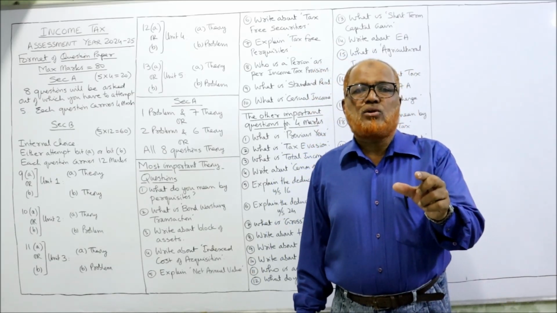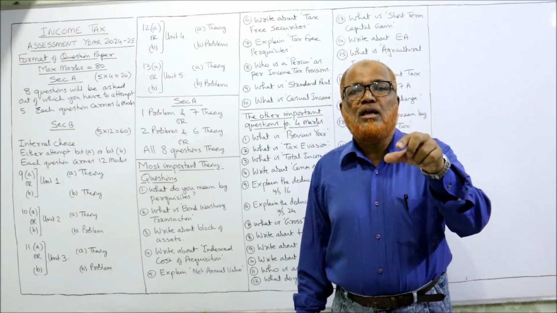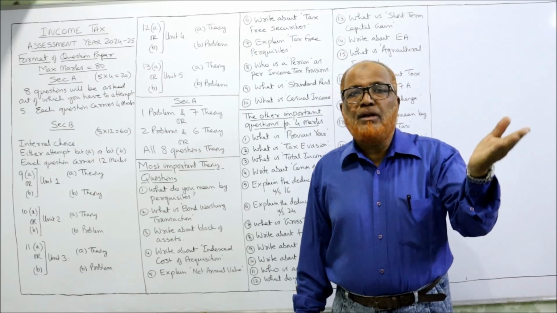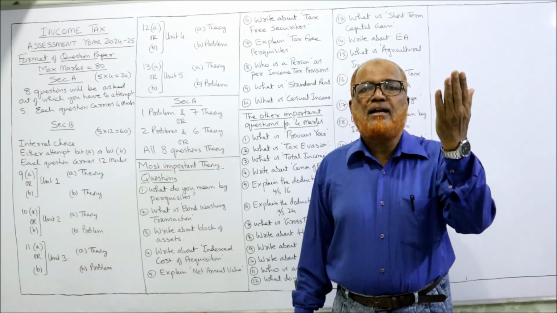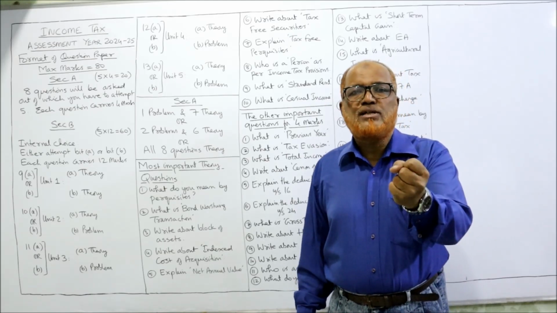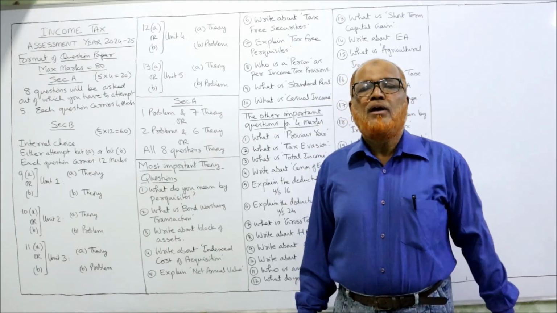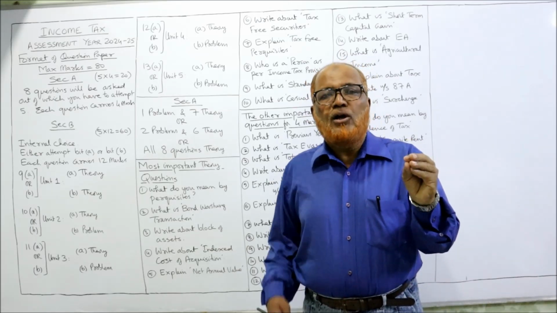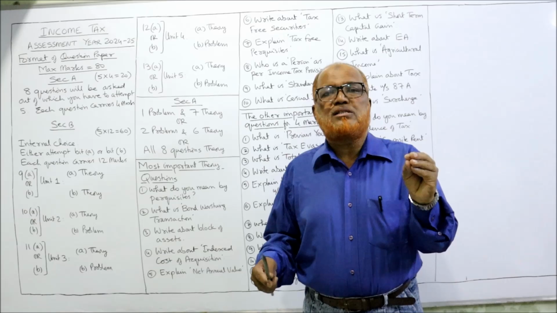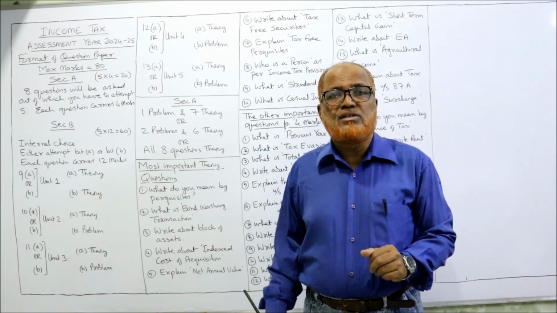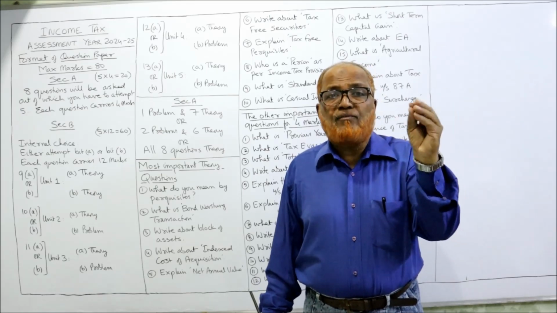The meaning of indexed cost of acquisition is increased cost of purchase. The purchase price has been increased, inflated, due to inflation or because the purchasing power of money has come down. Example: if the purchase price some 30 years back was 5 lakh, and today the sale consideration is 30 lakh. 30 lakh is the sale consideration we have received today, and we purchased 30 years back for 5 lakh.